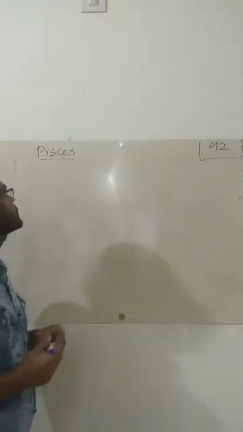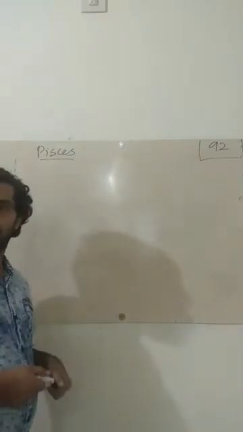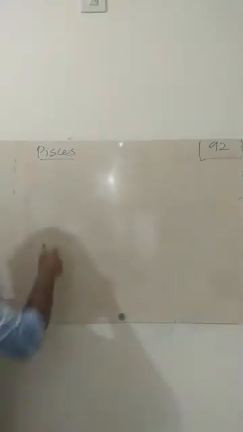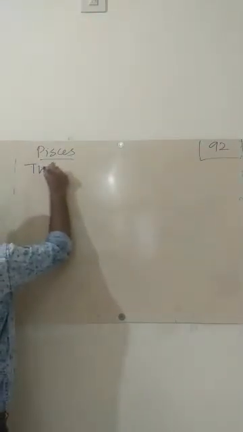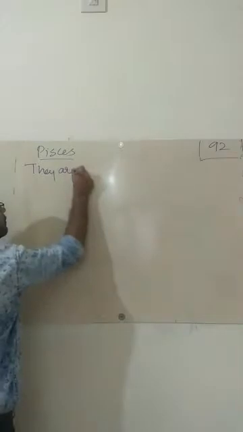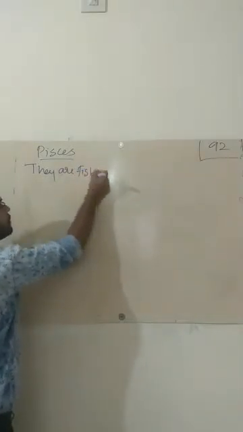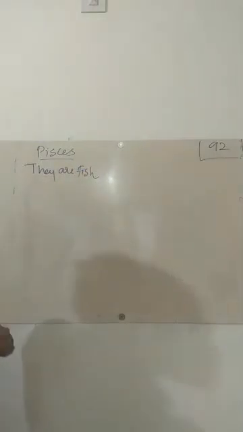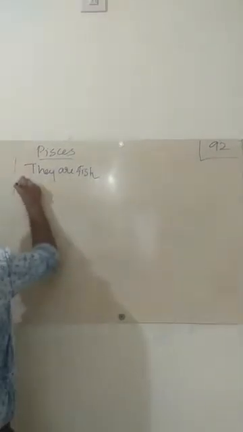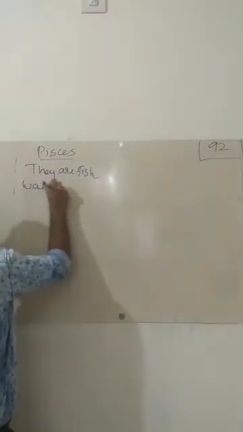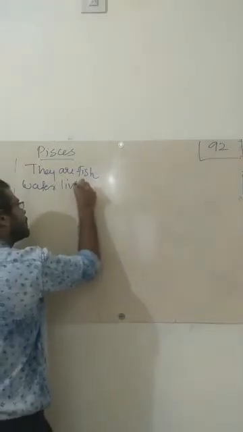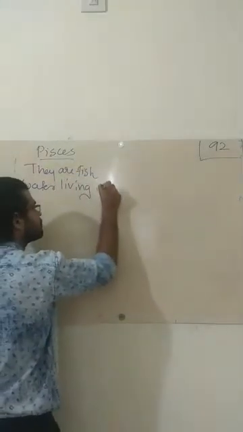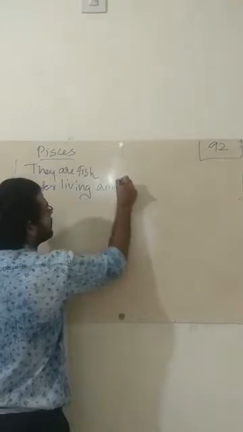So what is the specialty of the pisces? The specialty of the pisces is they are mainly fish. They are fish groups, and as we know, fishes are water living animals, means aquatic animals, isn't it?